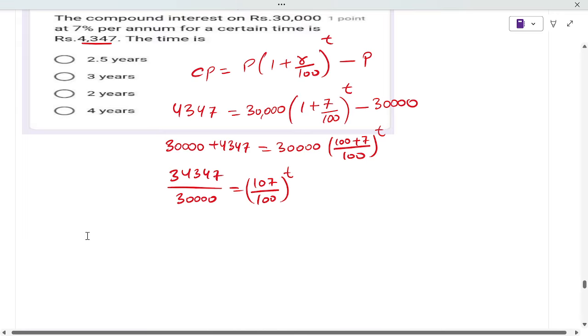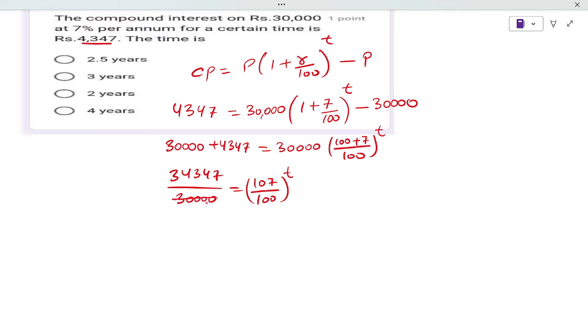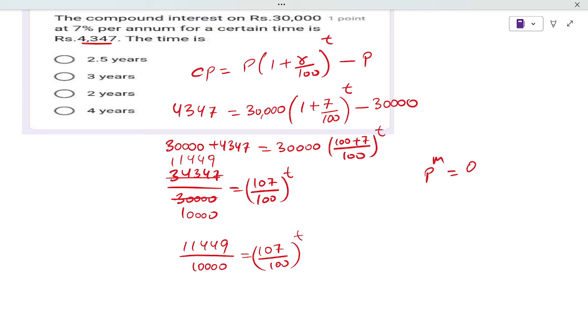Okay, now can we cancel? Yes, by 3, 1, 0, 0, 0. 3 1 times 3 1 times 3, 4 times is 12, and then 3 9 times. So 11449 divided by 10000 is equal to 107 by 100 to the power of time. Now in indices, if b to the power m is equal to b to the power n, and these two bases are the same, that means m is also equal to n.